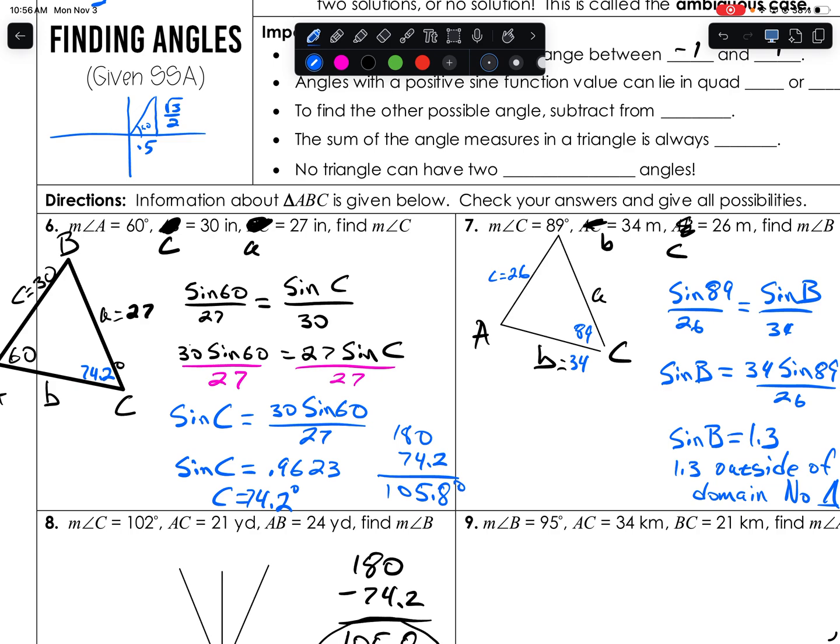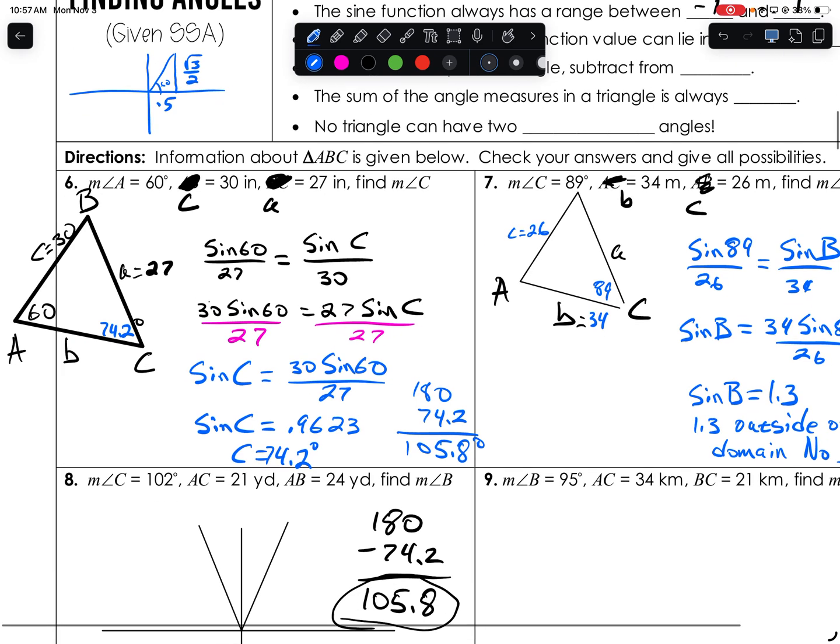So now I've got to look at my original triangle here. This angle could also be 105.8 degrees. If I add 60 and 74.2, I can still come up with another angle, right? Because 60 plus 74.2 is less than 180. If I add 60 and 105.8, do I still have enough room for another triangle? Yeah, because I've got 165.8.